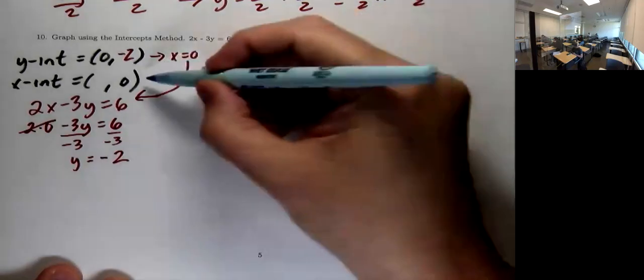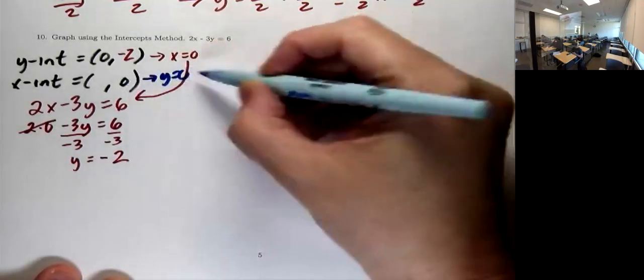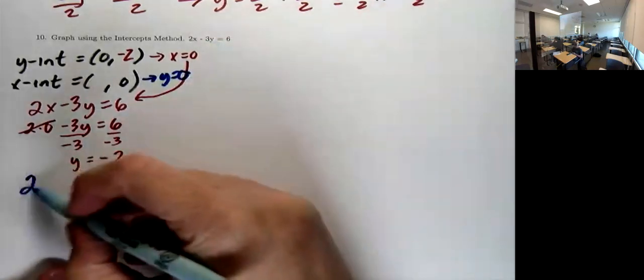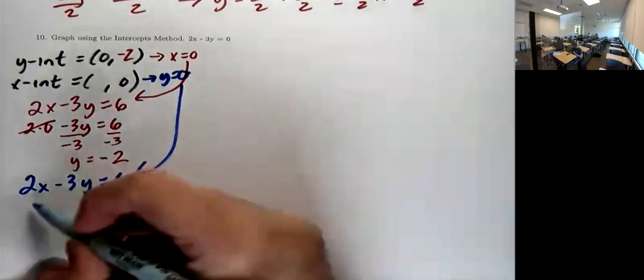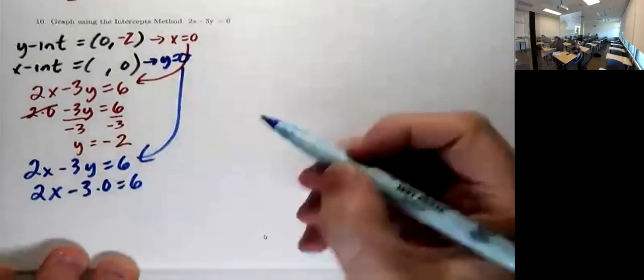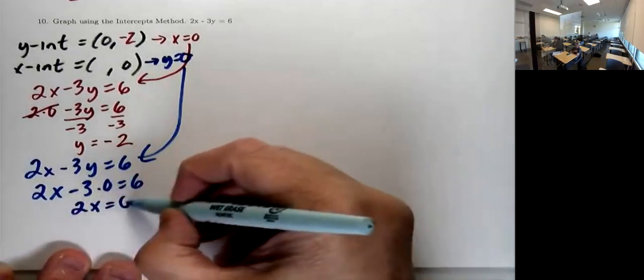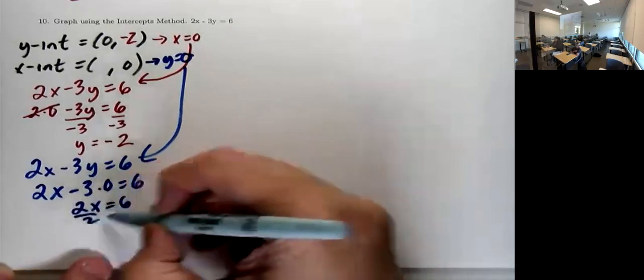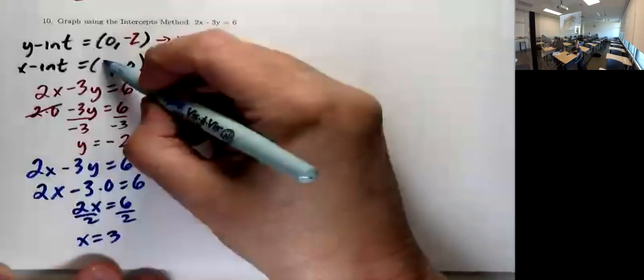When I do the x-intercept, the second value is y, and y equals 0 here. So I will do the same thing here, plugging in 0 for y. So 2x equals 6, and I divide by 2, and I get x equals 3. So I'll put that up there.